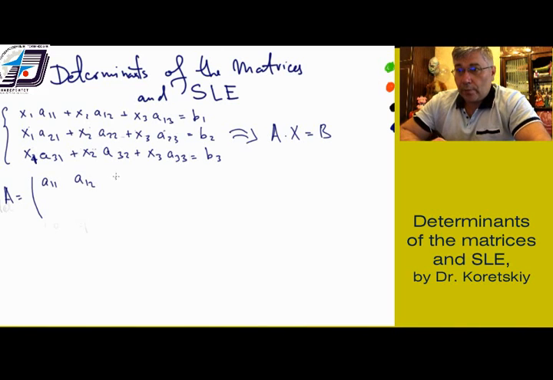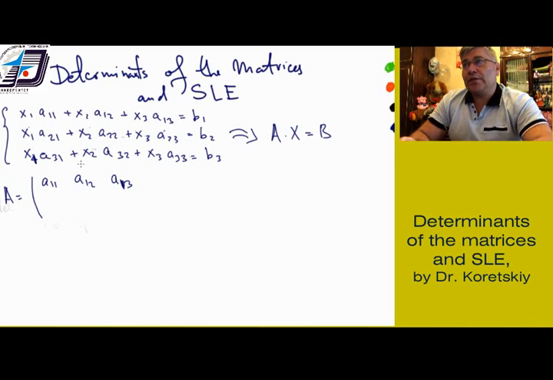They are a11, a12, a13. By the way, it doesn't matter what indices you use here. It's easier to use these indices because they enable you to compare with the matrix: the two indices give the location of the element within the matrix.